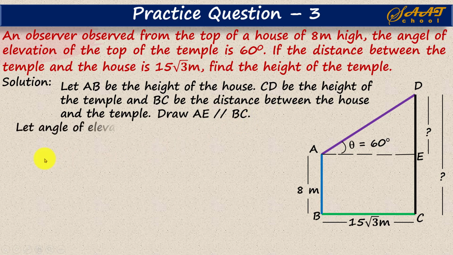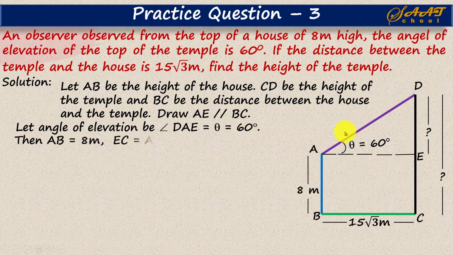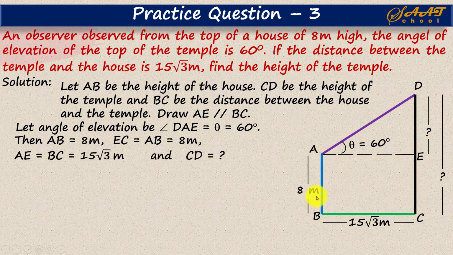In that case, now we can say let the angle of elevation, DAE, equal theta, and that is given as 60 degrees. So this is the angle of elevation, which is represented by theta. Now the given is AB is 8 meters. This EC, which is this portion, is equal to AB because opposite sides are parallel.